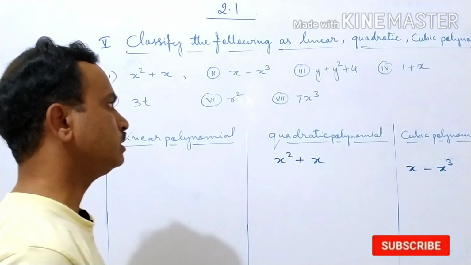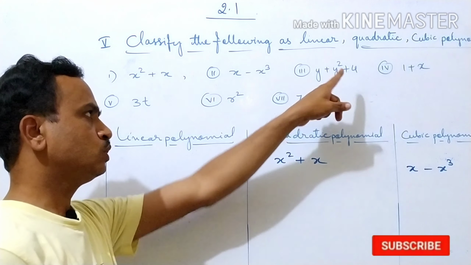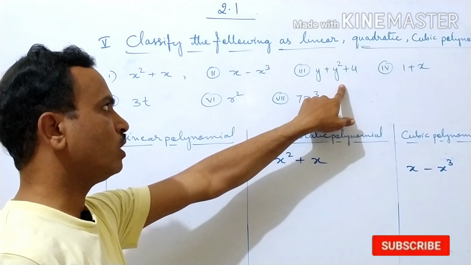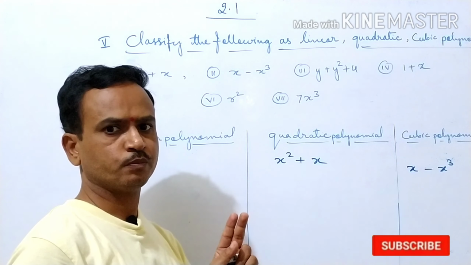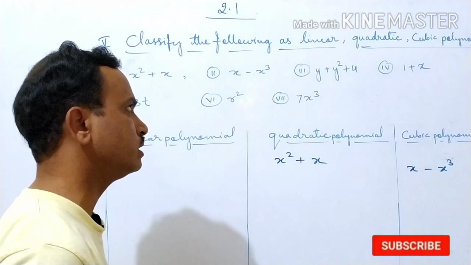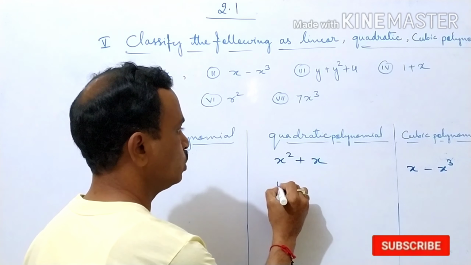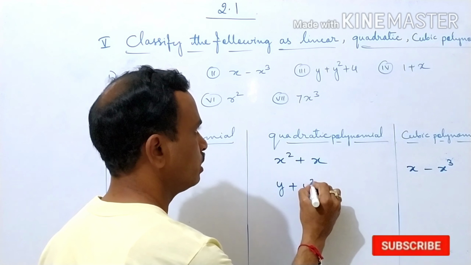The next one is y plus y square plus 4. The highest power we have to check here is y square. Y square is there, that means it comes under quadratic polynomial.